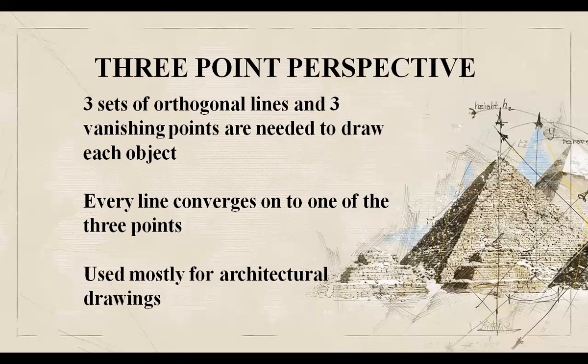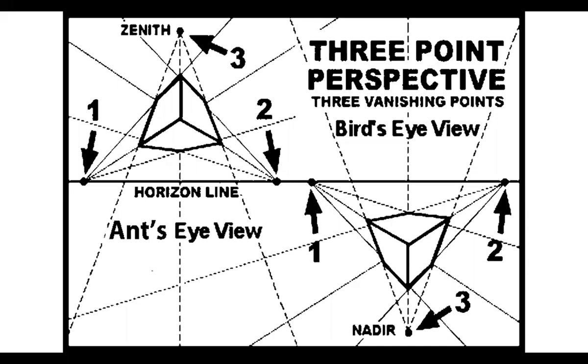3-point perspective is used mostly for architectural drawings like townscapes. The 3 vanishing points make the biggest difference between 3-point and other types of perspective drawing.